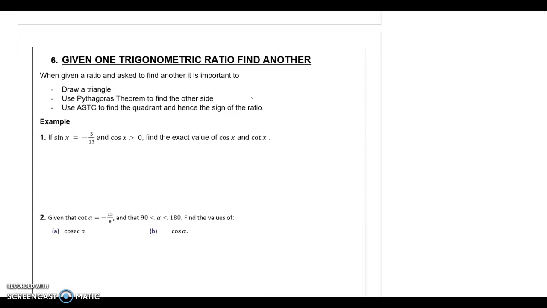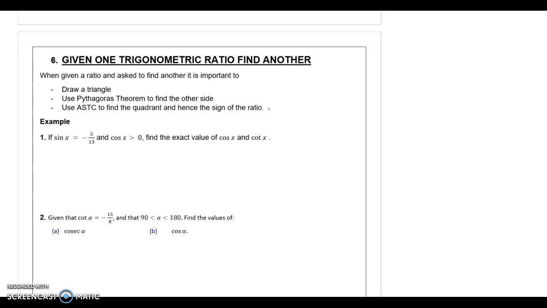Like we would back in year 9 and 10, we use Pythagoras to find the third side because we'd be drawing that into a right angled triangle. Then we're going to apply our all stations to central for our quadrants, have a look at where our trig ratios are positive or negative, pick the right one and go from there. You guys did really well at this when we looked at the first quadrant acute angles. We're just going to apply it to the next quadrants and you guys will be great at it.